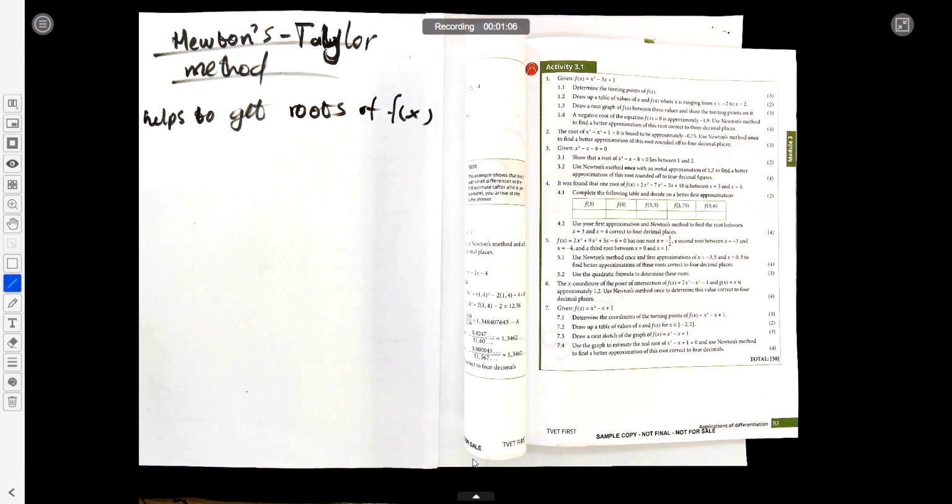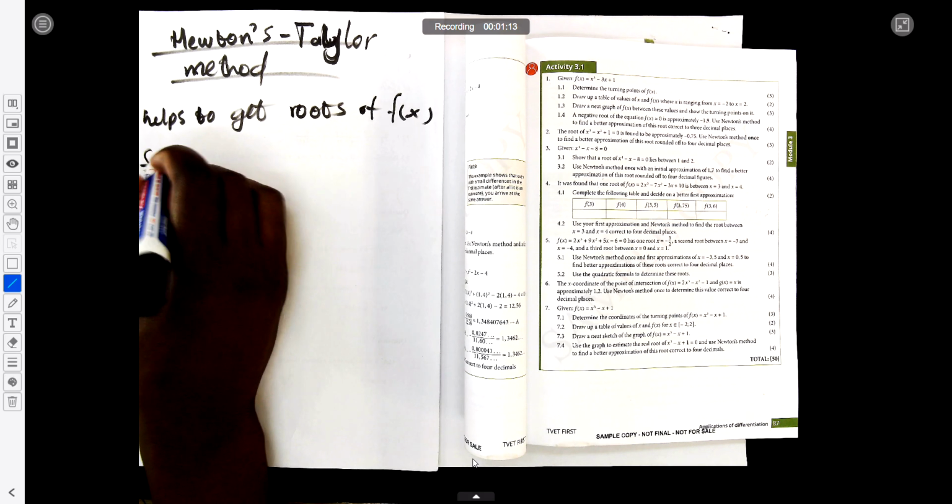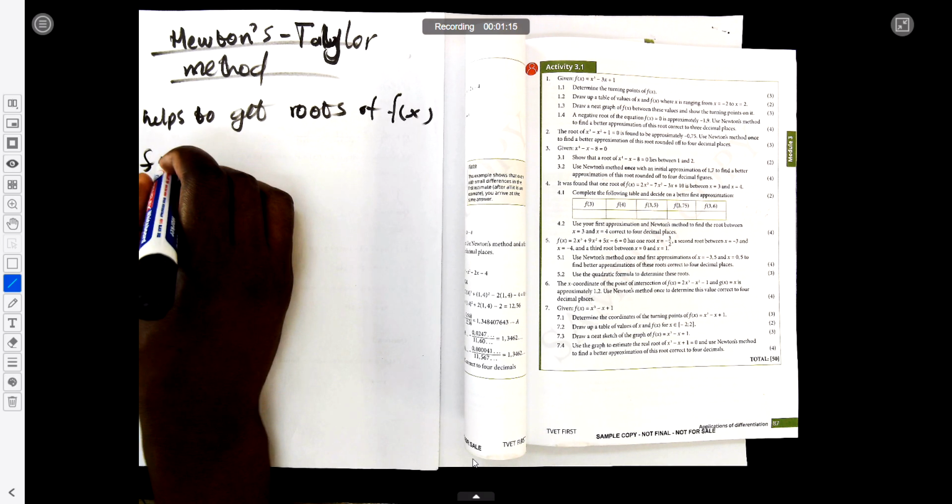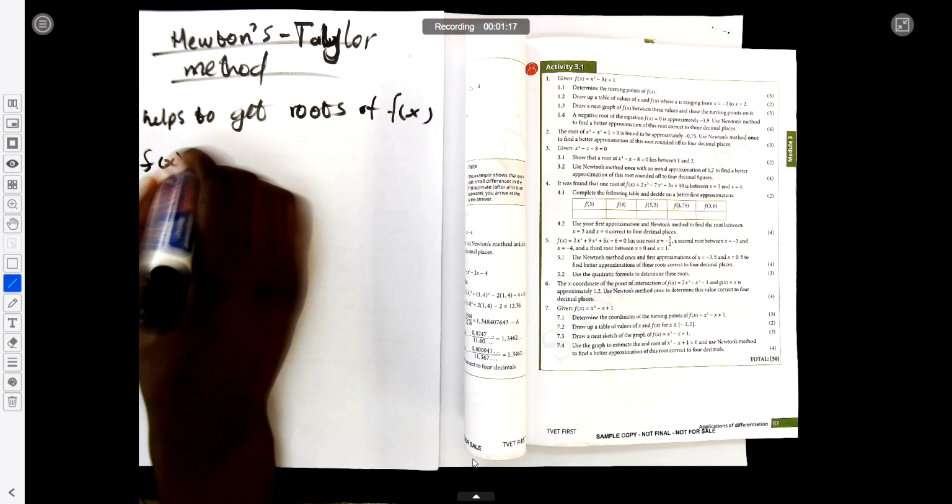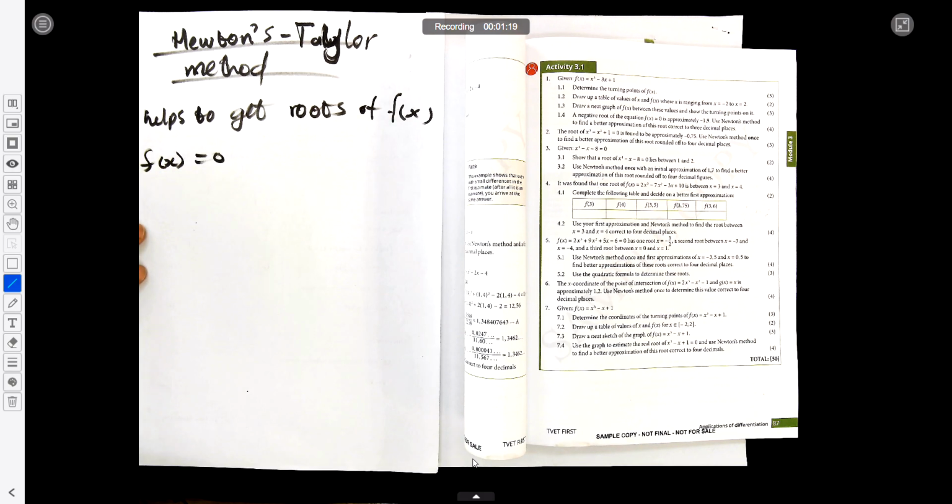Remember, when we talk about the roots, this is the x values where y is equal to 0. So we know that this is where f of x is equal to 0.